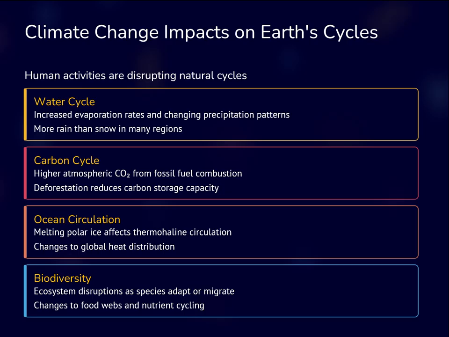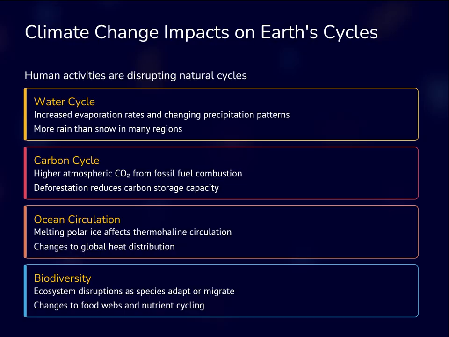When we look at greenhouse gases, we see CO2. We also see CO2 traps outgoing long-wave radiation, which warms the lower atmosphere. Impacts of this include the water cycle: higher evaporation, more atmospheric moisture, and a shift toward more rain than snow in many regions.